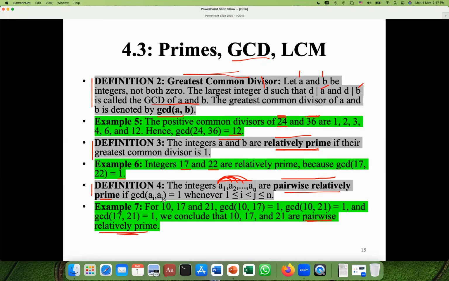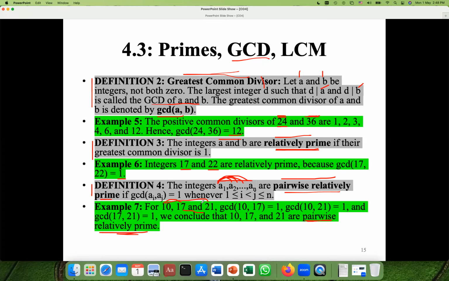Make their pairs: 10 with 17, 10 with 21, and then 17 with 21. All the pairs are in ascending order. If you say 21 and 17, this is the same as 17 and 21, so you don't have to repeat that.